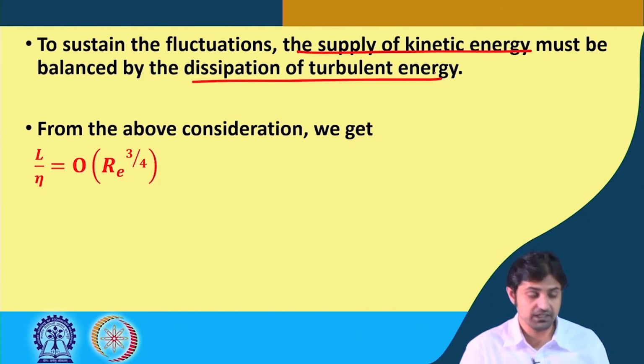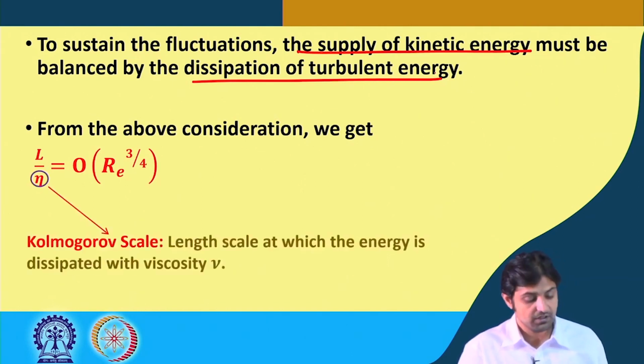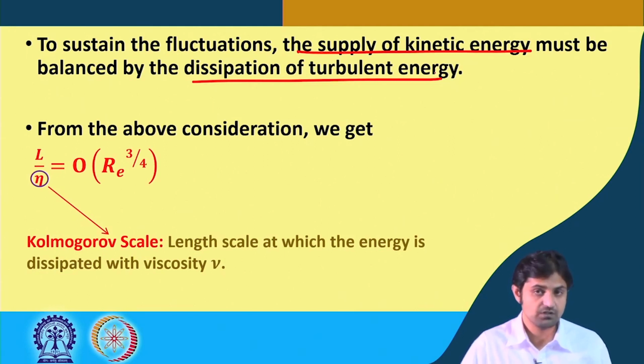This has been obtained. And this eta is the Kolmogorov length scale. It is the length scale at which the energy is dissipated with viscosity nu. You should remember the order and everything, but the derivation is not required.